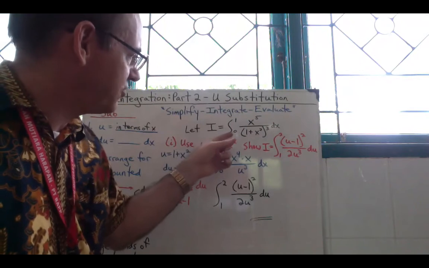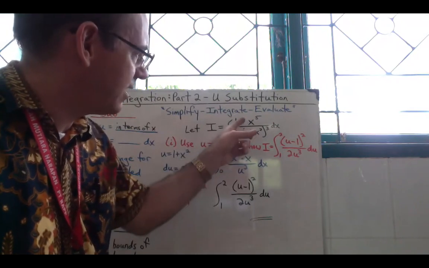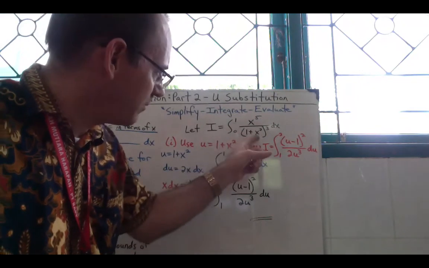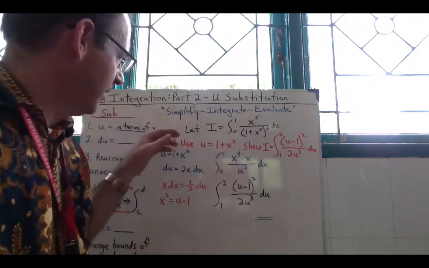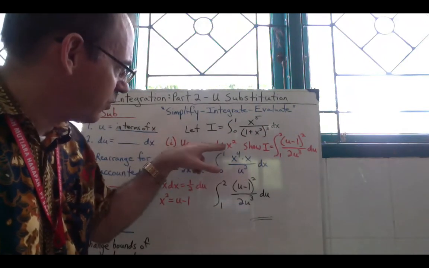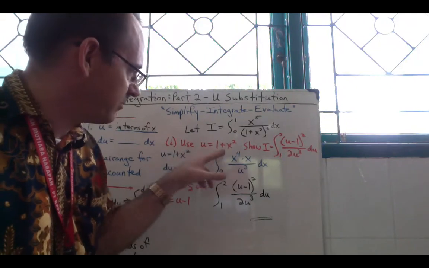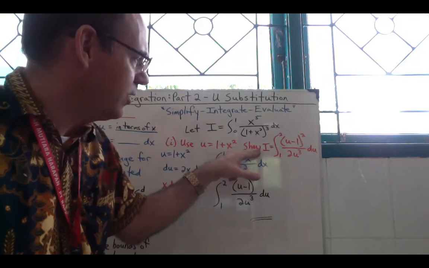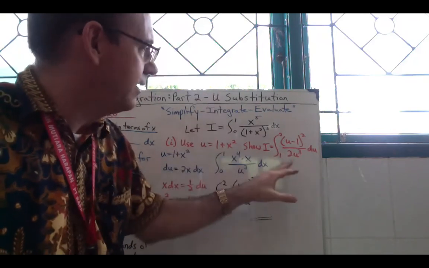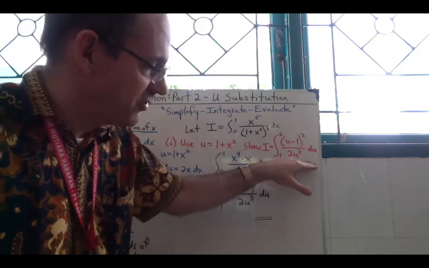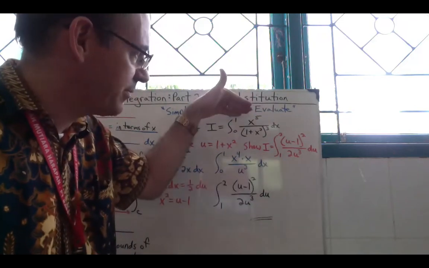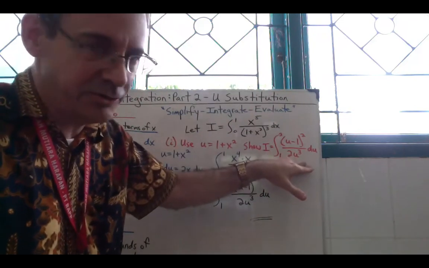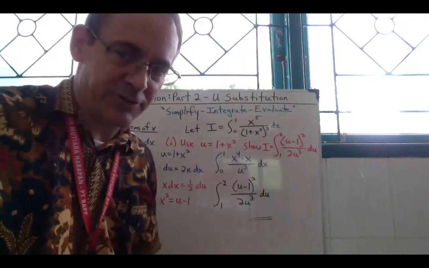It's going to be the integral from 0 to 1 of x to the 5th over (1 plus x squared) cubed dx. It says use u equals 1 plus x squared. So this is our given substitution, and we need to show that it can become this integral here. So we're changing from x's into u's, including our bounds of integration.